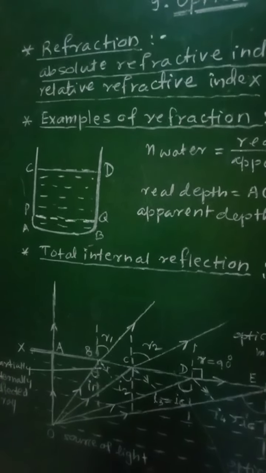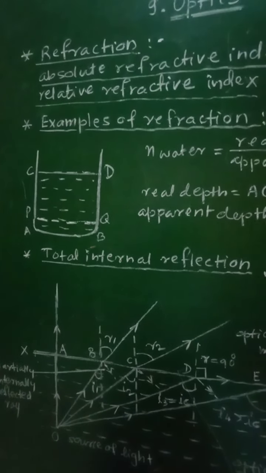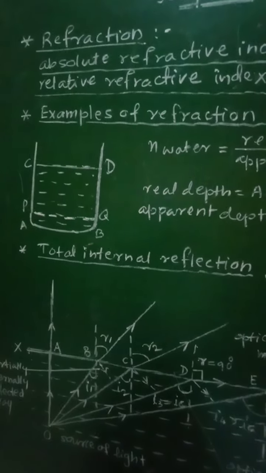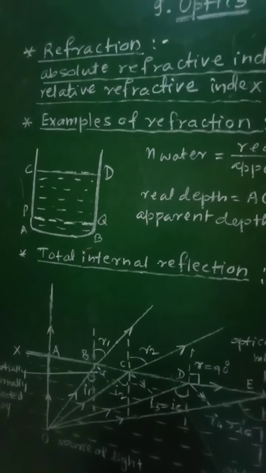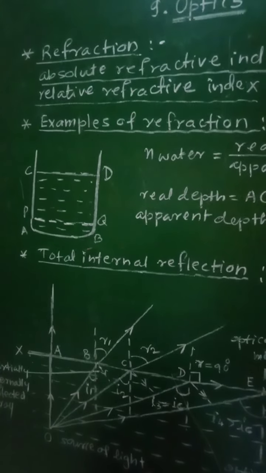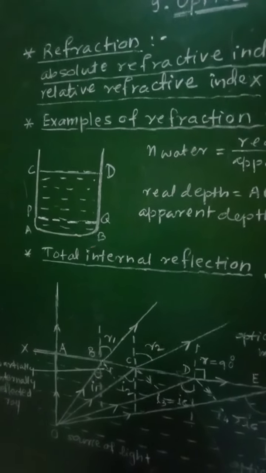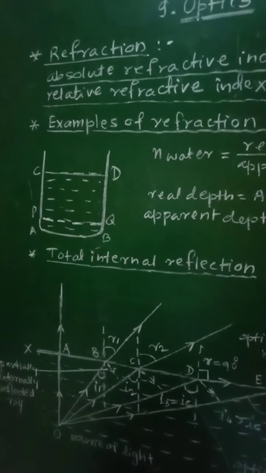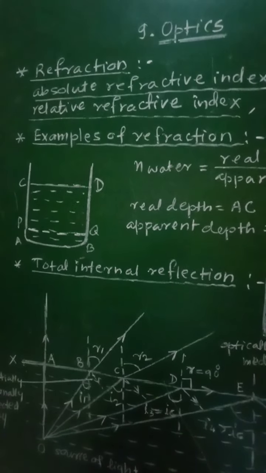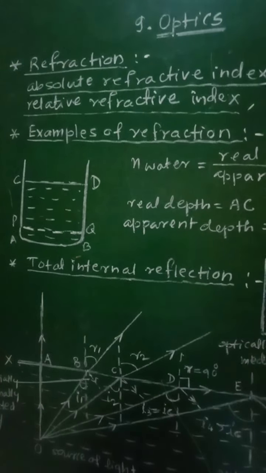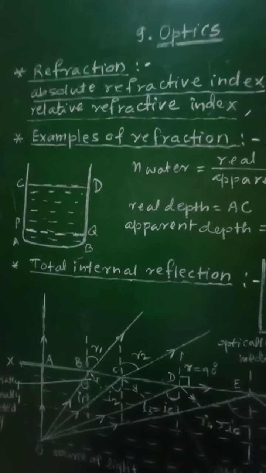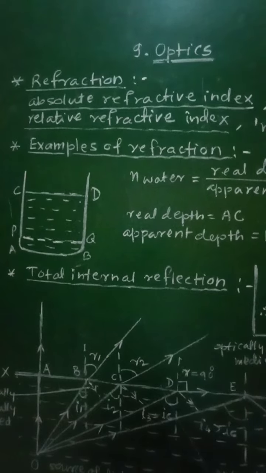The refracted ray and the incident ray lie on opposite sides of the normal, and according to Snell's law, the ratio of sine of angle of incidence to the sine of angle of refraction is equal to a constant for that given pair of two media, that is sin i upon sin r equal to constant. That constant is called the refractive index of the refracting medium.